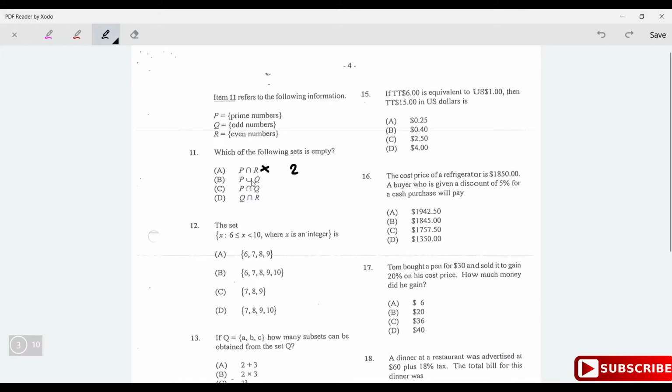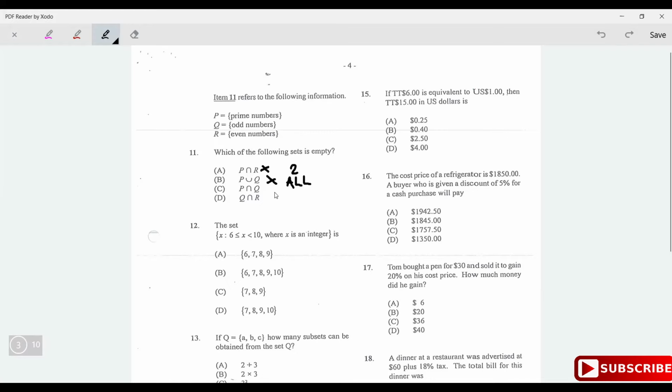It says prime number union Q. Once you see union, it can never be empty, because union is all the elements in the set. So let's look at prime number intersect Q, the odd numbers. Now I know prime numbers that are odd numbers.